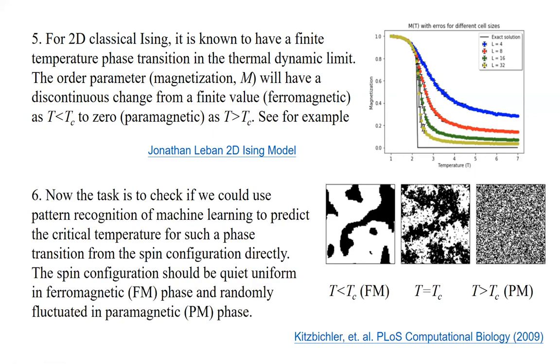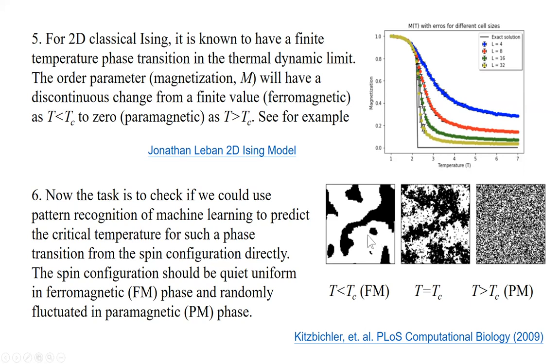So for our machine learning problem, what we will have is a lot of spin configurations. For example, here we have different numbers of sites. For each site, we use black and white for spin up or down. When temperature is larger than Tc, it is a paramagnetic phase, meaning there are no preferred spin directions.